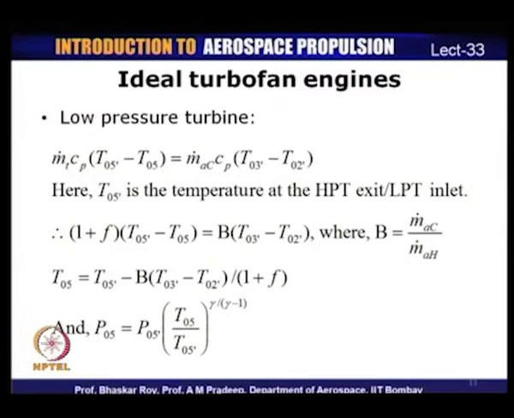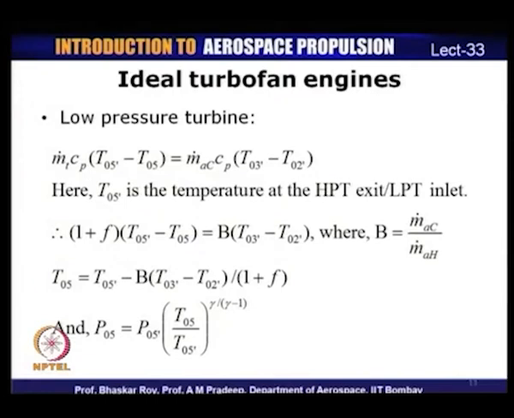We have m dot T into Cp multiplied by T05 prime, which is the inlet stagnation temperature of the LPT, minus T05, which is the exit stagnation temperature of the LPT, and this is equal to m dot AC, the mass flow rate required for the fan, into Cp into T03 prime minus T02 prime. Here the exit stagnation temperature T05 is what we need to find out.